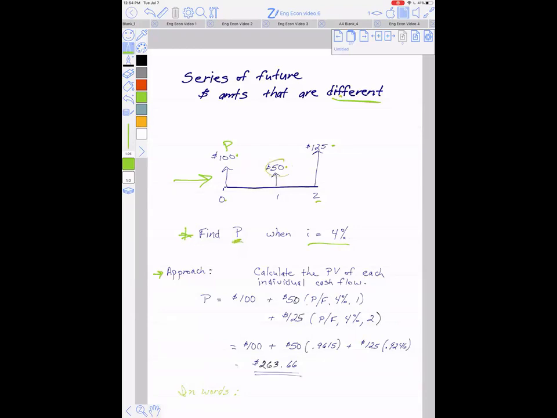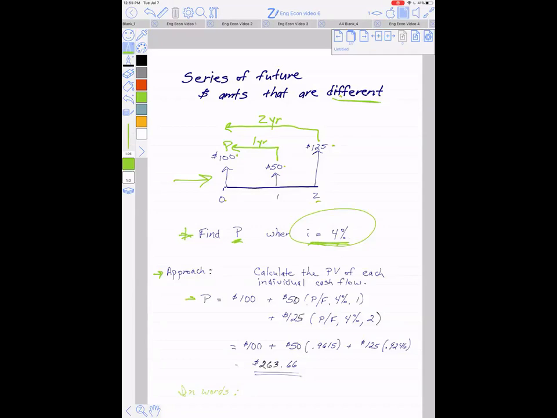This $50 that's happening 1 year into the future, we have to take that and discount it back to its equivalent present value 1 year back in time using an interest rate of 4%. And similar here with $125, it's happening at year 2. We want to discount that back to its equivalent present value 2 years back in time. So we'll use the discount factors on the 4% interest table, the 1 year row and the 2 year row.